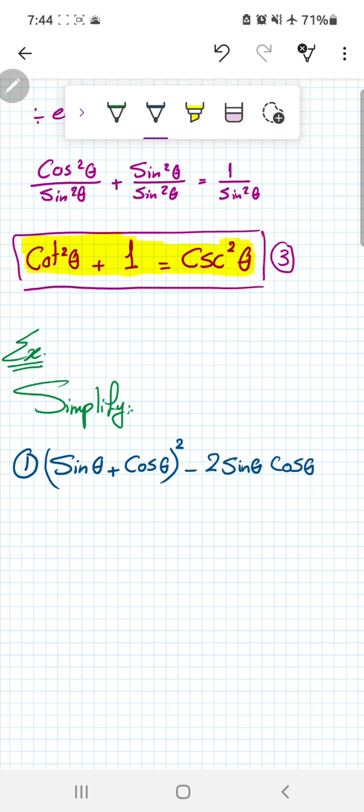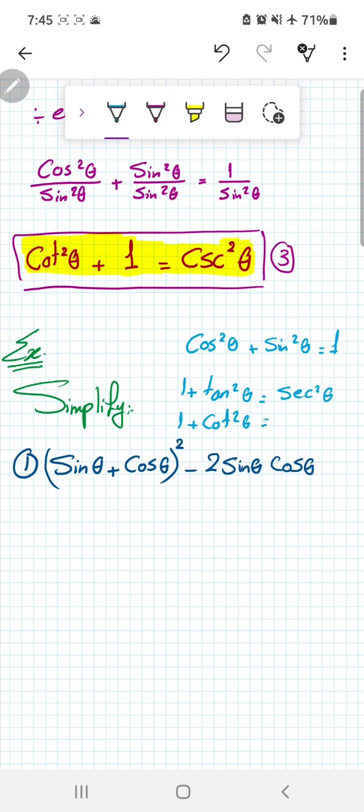First, write the three trigonometric identities. As we said, first we have cosine power 2 theta plus sine power 2 theta equals 1. The second one is 1 plus tan squared theta equals sec squared theta. The third one, 1 plus cotan squared theta equals cosec squared theta.